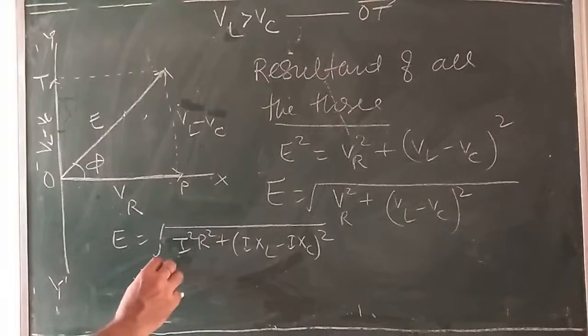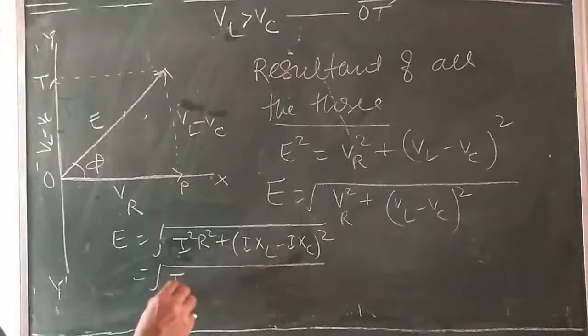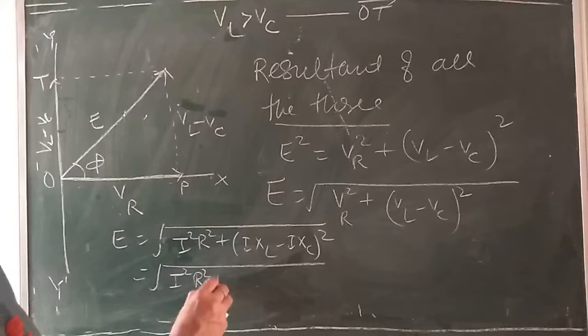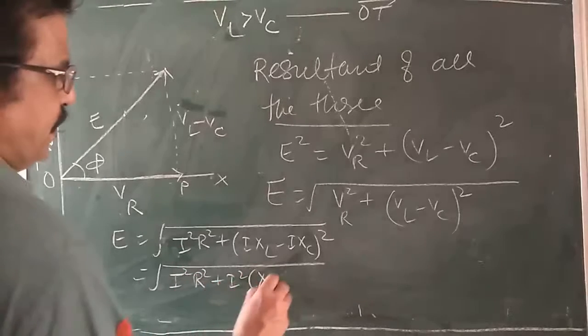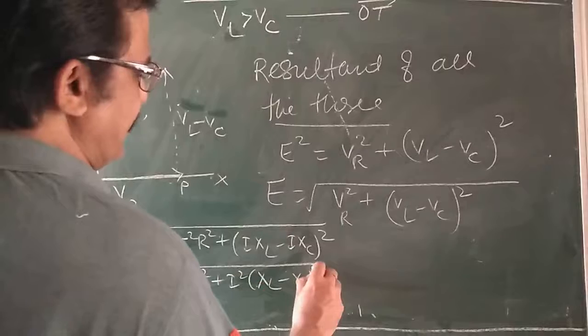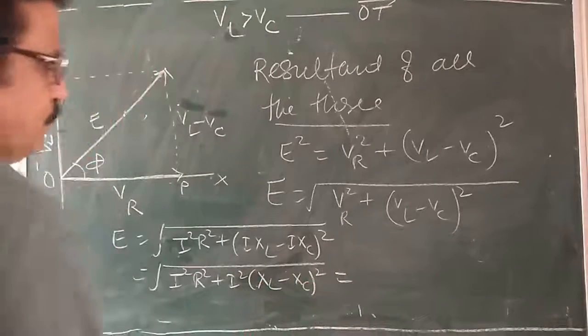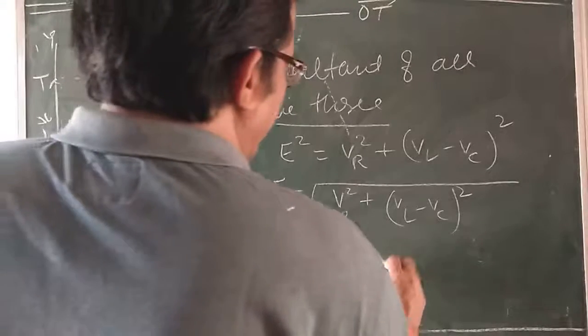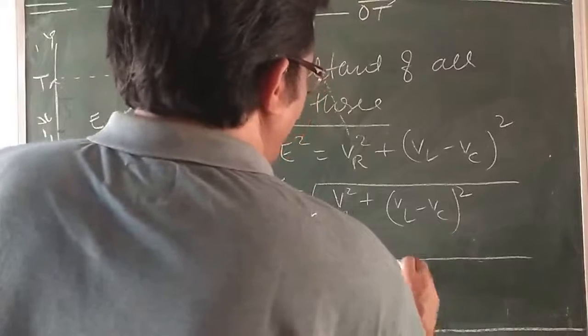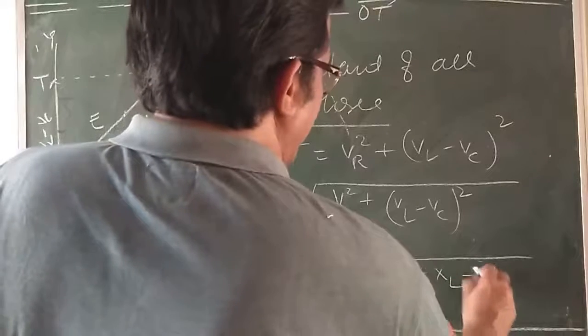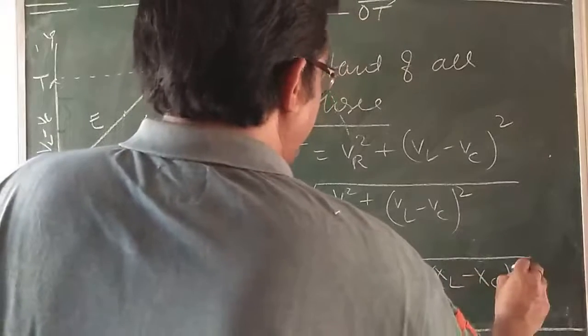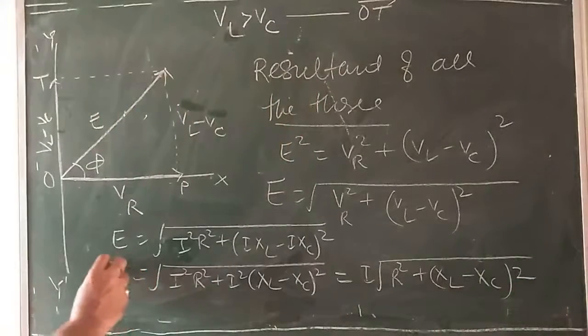I square may be taken common here, so I can write I square R square plus I square (XL minus XC) whole square. I may be taken common, so E is equal to I times the square root of R square plus (XL minus XC) whole square.